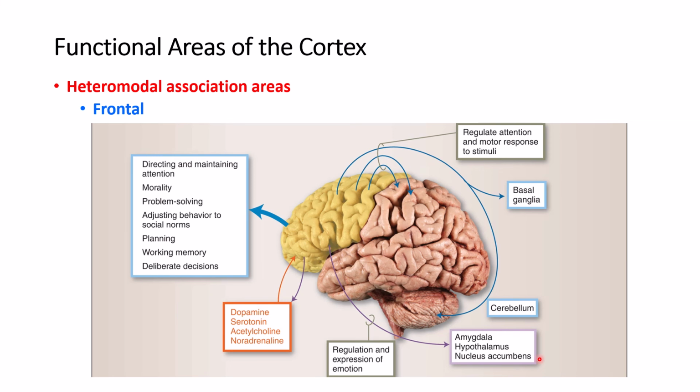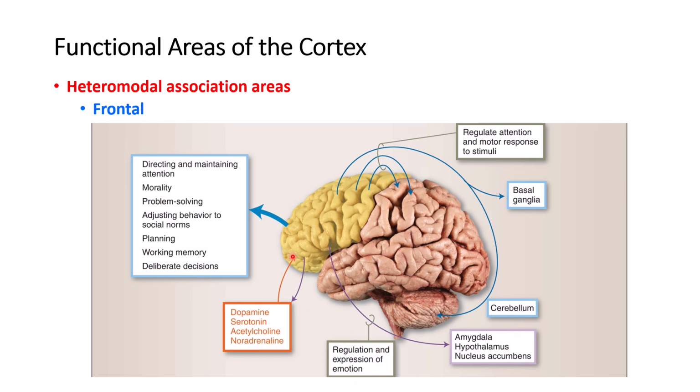The nucleus accumbens is located in the ventral part of the caudate nucleus, and that is also part of the limbic system. This is why it is important for expression of emotion, because this is one of the functions of the limbic system.